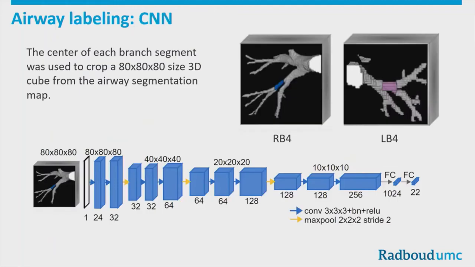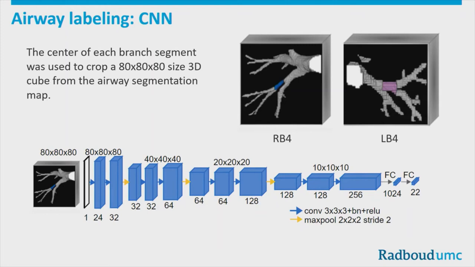First, I'll explain how we extract the node embeddings, how we extract the branch features using a convolutional network. The approach is very simple, and we just use the label map as the input. So once we have the airway segmentation, we can compute the center of each branch, and use the center as the center of a 3D cube to crop a patch from the airway tree label map. And we give different colors.